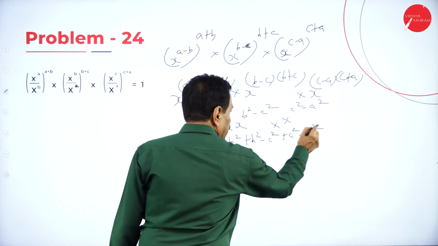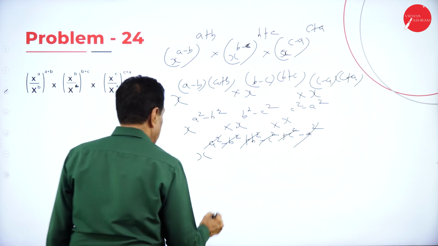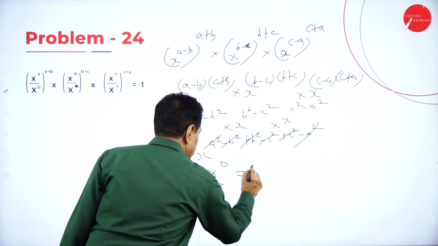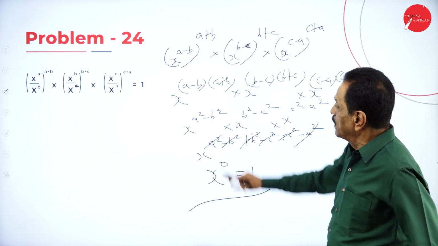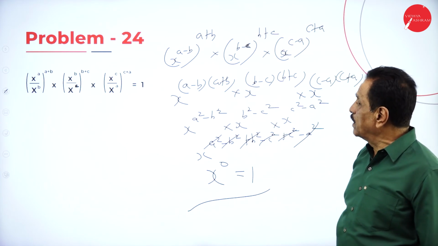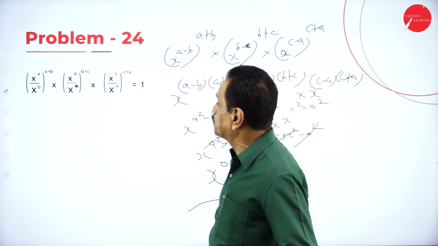A squared cancels out, b squared cancels. This is x to the power of 0, which is 1. So you must know the formula: a minus b into a plus b is a squared minus b squared. Hope you understand this problem.